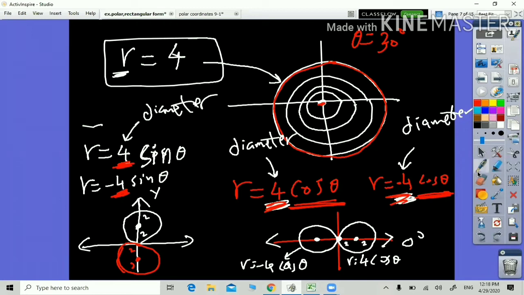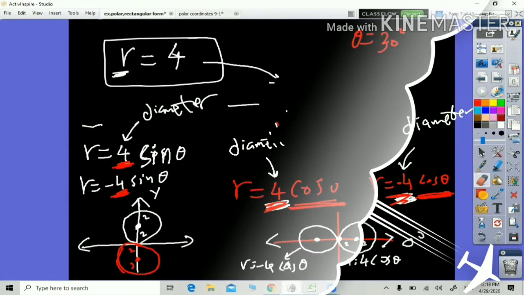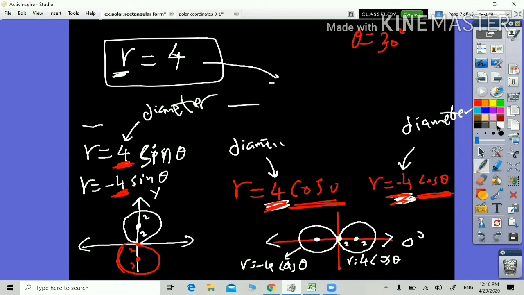Look, just a second, let me erase. If you have theta, you can make it rectangular form. Who can remind me, how will I make theta in rectangular form? Now it's a polar equation. How will I make it in rectangular form?